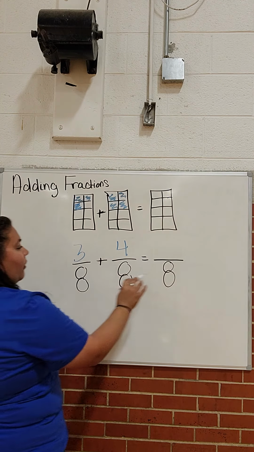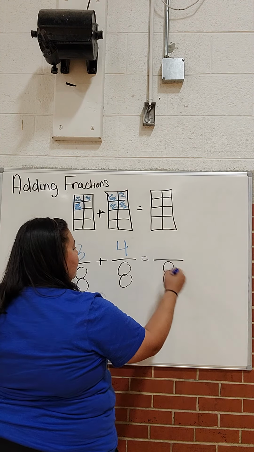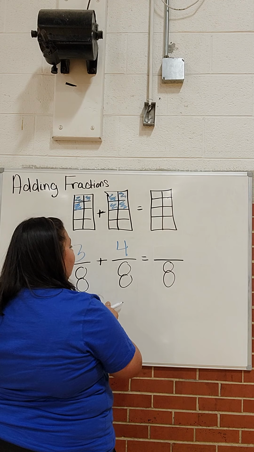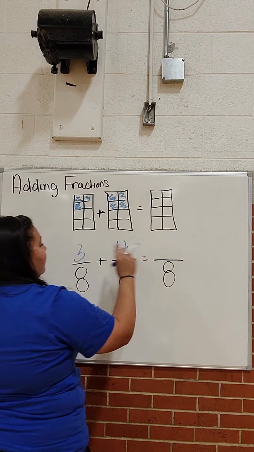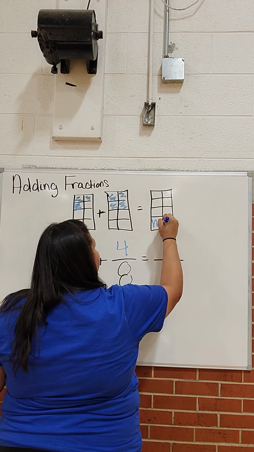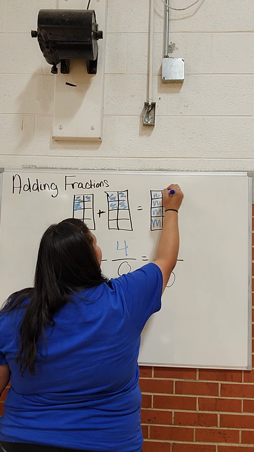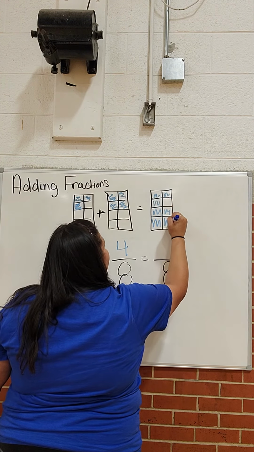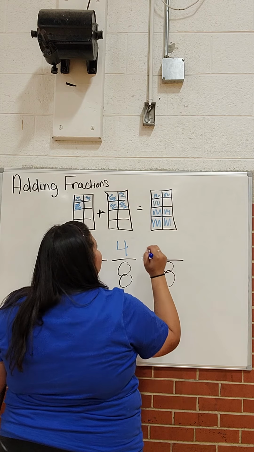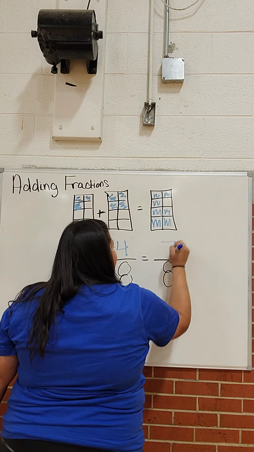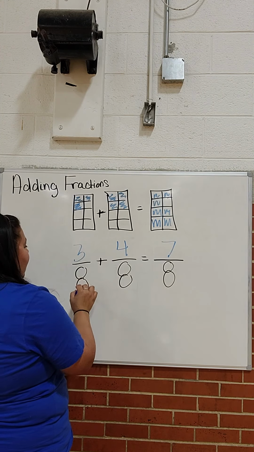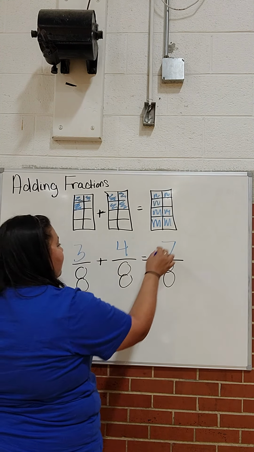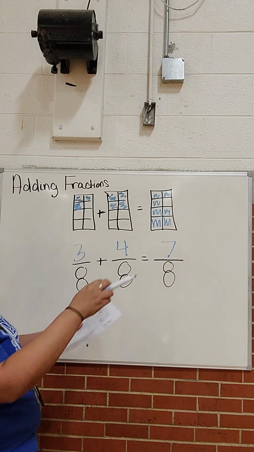Since we've already gone across the way and we understand that 8 is our denominator since it is the same, we now just need to add up the numerators. 3 plus 4, and shade those in. 2, 4, 6, 8, or 7, excuse me. And then we've got 7 over 8. So 3 8s plus 4 8s equals 7 8s.